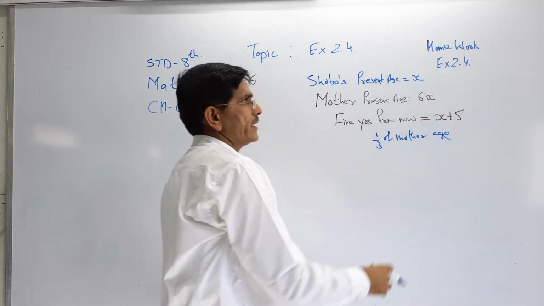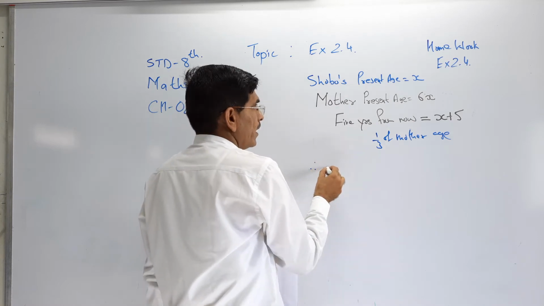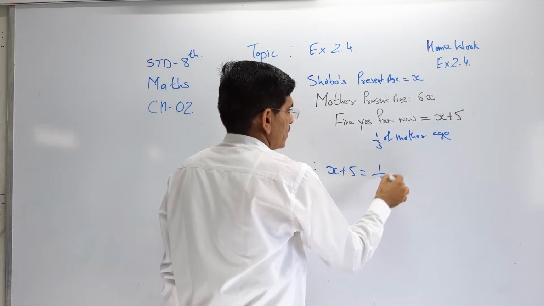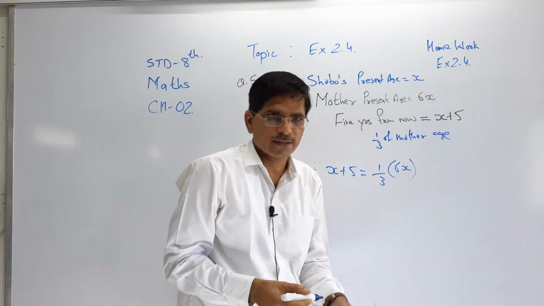So what is the mother's age? 6x. Therefore x plus 5 is equal to 1/3, in bracket I have to write 6x.